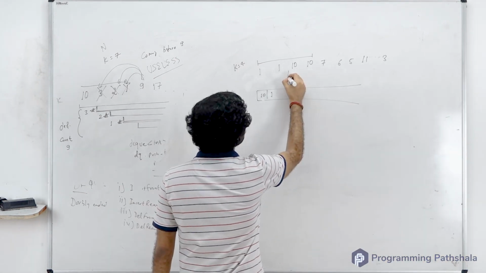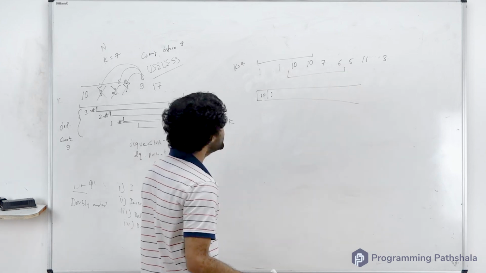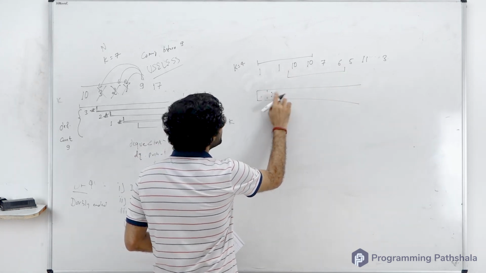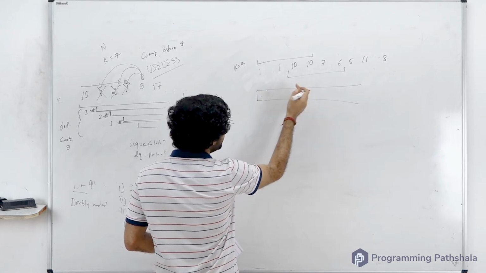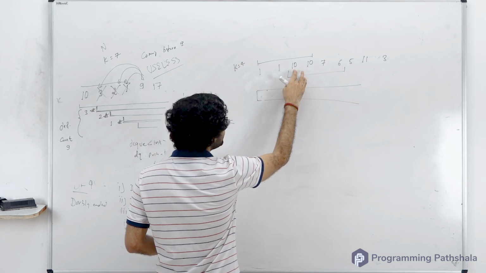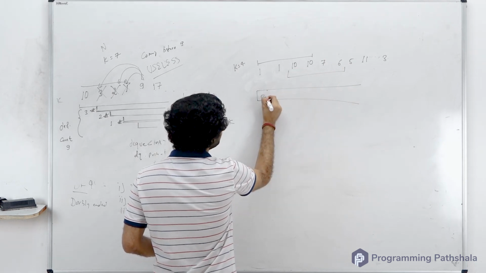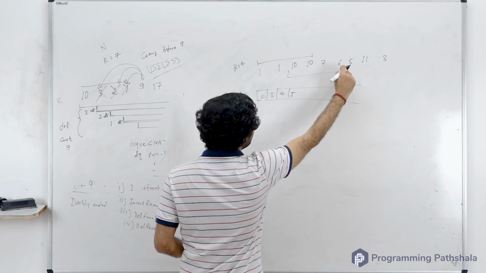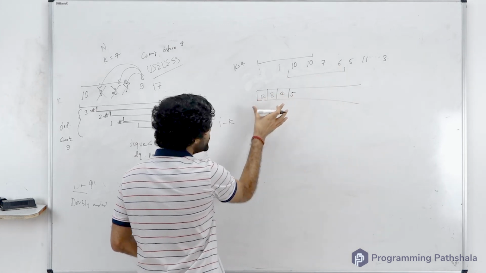If you are talking about this window, and let's say you were storing the useful elements. So the useful elements for this window, what is the index here? This is 2, and this index is 3, and then 4, and then 5. This is all in decreasing order, so all of them are useful elements.